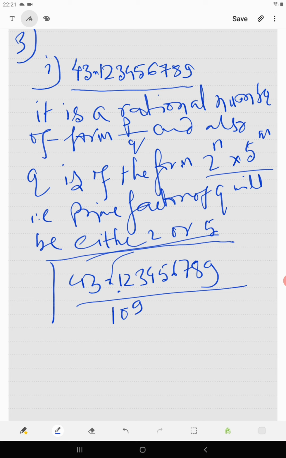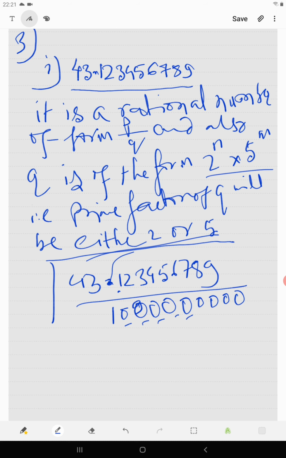I told you, right? For removal of point, 1 comes, and after point, how many digits are there? That many 0s will be there. Okay, so 1 2 3 4 5 6 7 8 9.